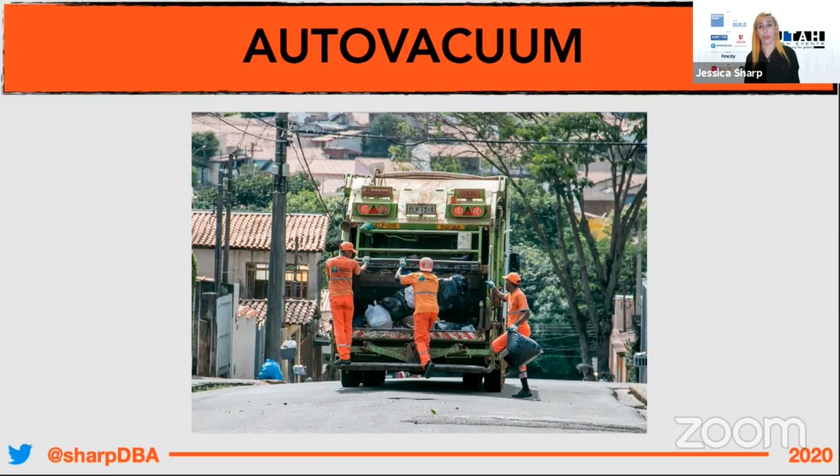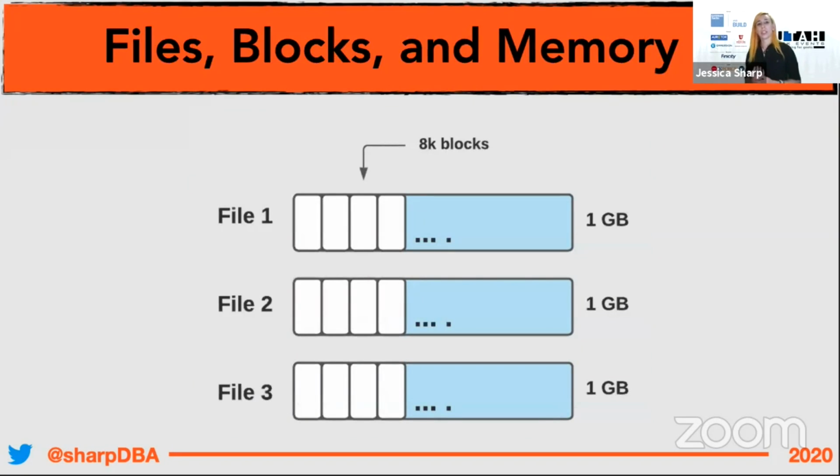Okay, so how does that work? You've got files, and the files are in 1 gigabyte chunks, so each file is 1 gigabyte. Please don't ask if you can change that. In each file, you've got 8K blocks. Simple enough, right?